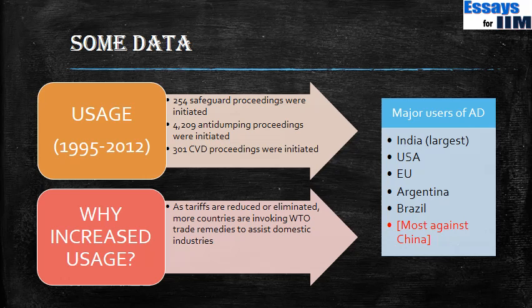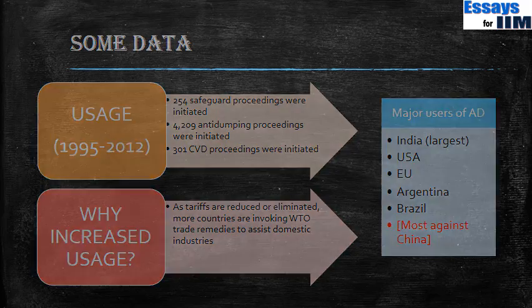So countries have felt the need to invoke these kind of provisions. Who are the major users of anti-dumping? Because anti-dumping, we can see, has a very high number. India is the largest user of anti-dumping measures, followed by USA, EU, and the country against whom anti-dumping has been used most times is China.